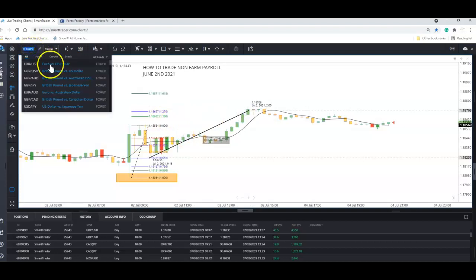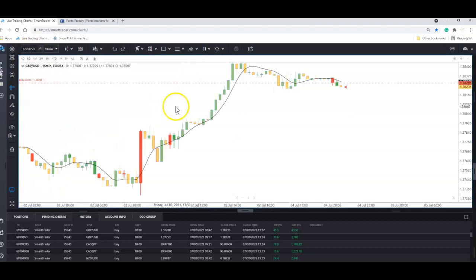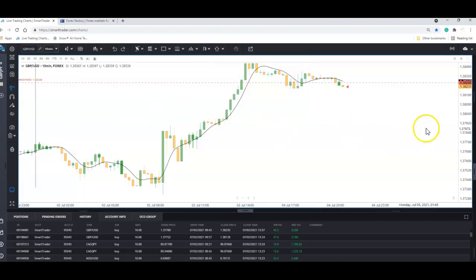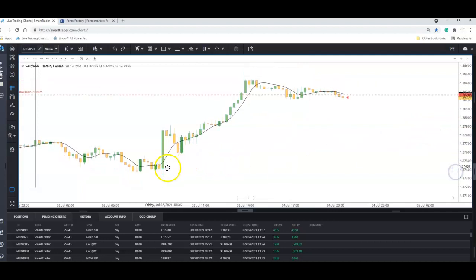Okay. Let's look at pound dollar. There it is. There was the initial reaction. So again, take your Fibonacci tool from the swing low to the swing high of the 15-minute candle. It pulls back to around 50%, and that's your entry.